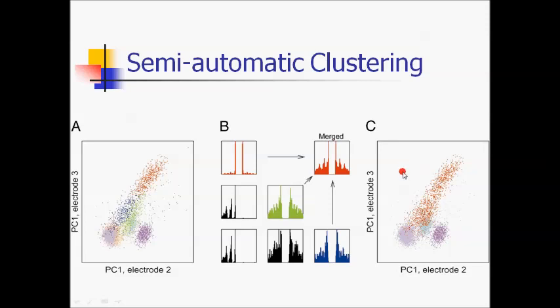And there are many possible ways in which the computer can introduce some errors, and this is the job which humans have to do during spike sorting, to correct this usually over-clustering.